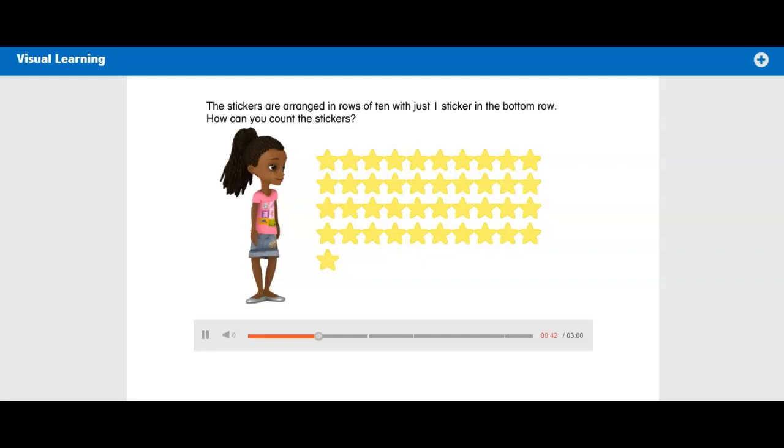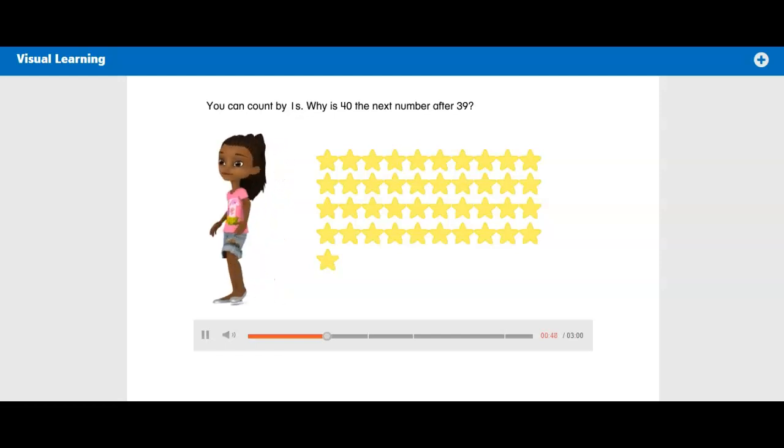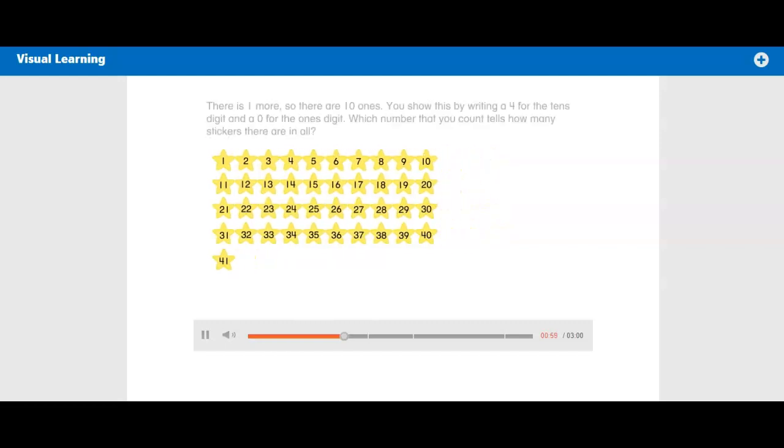How can you count the stickers? You can count by ones. Why is 40 the next number after 39? There is one more, so there are 10 ones. You show this by writing a 4 for the tens digit and a 0 for the ones digit.